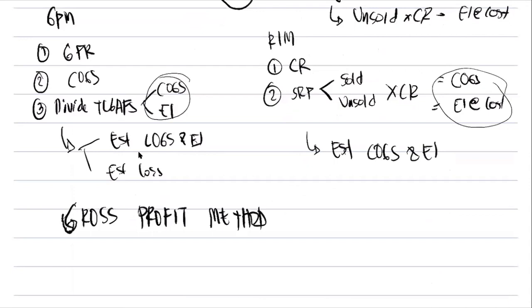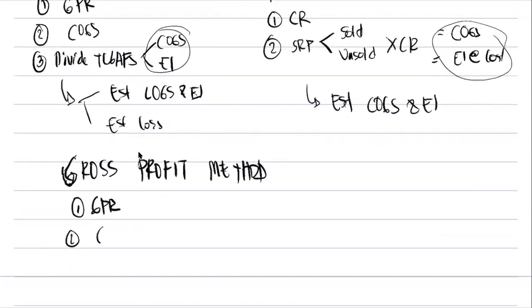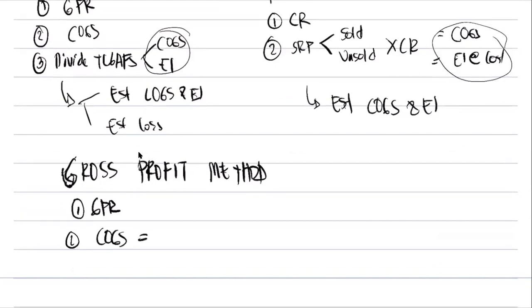Now, what's important in your gross profit method is to estimate your gross profit rate. After that, we compute your cost of goods sold. How do we compute your cost of goods sold again? That is equal to your sales multiplied by 1 less gross profit rate.